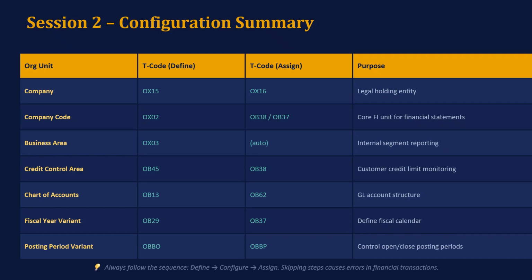The chart of accounts OB13, OB62, the GL account structure. Fiscal year variant OB29, OB37, defines the fiscal calendar. Posting period variant OBBO, open control, to open and close posting periods. They always follow the sequence: define, configure, assign. Skipping the steps causes errors in the financial transaction.